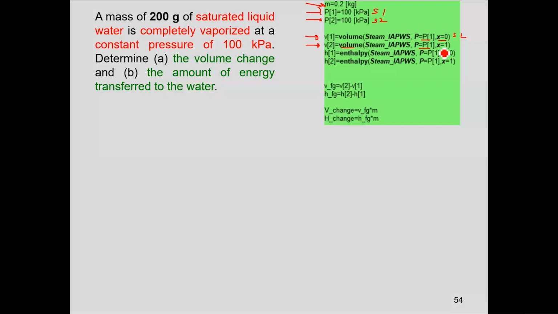Similarly, you'll find H, another column for enthalpy, stored in row 1. Use the function enthalpy. Where to find the enthalpy from? Steam tables. Two properties: pressure stored in row 1 and x equals 0 for saturated liquid, and pressure stored in row 2 and x equals 1 for saturated vapor.